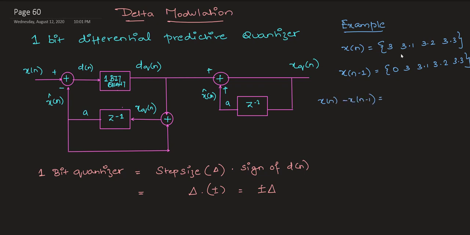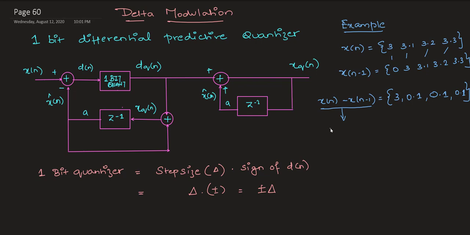So your quantizer is going to keep progressing either in plus delta increments or in minus delta increments. Here we have an example: 3.1, 3.2, and my x of n minus 1 is the one delay version of x of n. When I take the difference x of n minus x of n minus 1, I get 3.1, 0.2 and 0.3. What is the sign of these difference values? They are all positive, plus plus plus plus.